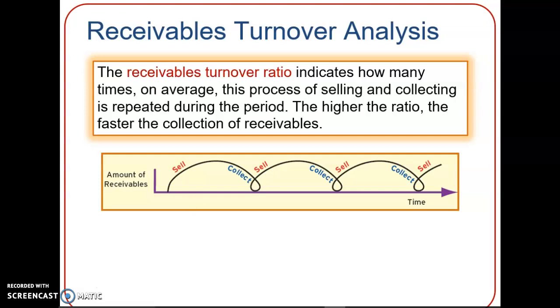We have the amount of receivables, which conceptually is as if we loaned customers some money so that they can buy from us first and then pay us back later. Then we use the money to lend to the next customer, and so on. So the higher the receivables turnover ratio is, the faster the collection of receivables is, which generally speaking is a good thing.